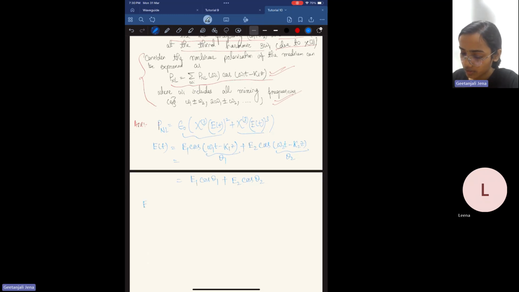Let us see first the chi2 term, which involves E_t squared. This one will be easy because it only involves the square term.